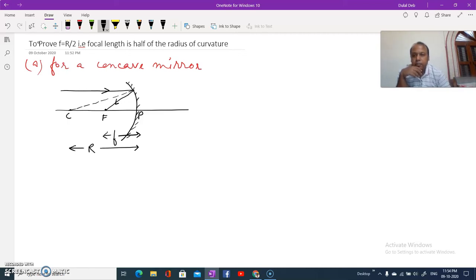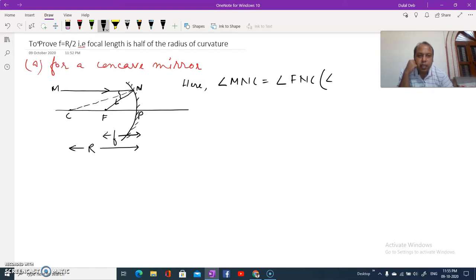Now here you see, let us give some names here, M, N. Now we see here the incident light ray MN. This angle which it makes with the normal is the angle of incidence, and this angle which the reflected ray makes with the normal is the angle of reflection. So here we can say that angle MNC is equal to angle FNC.